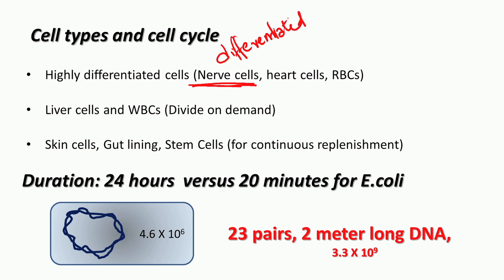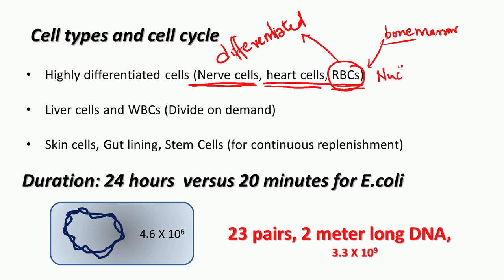Similarly, if you look at the cells which form the walls of our heart, the cardiomyocytes, they do not divide after they have differentiated. The red blood cells periodically come out of the bone marrow, they are formed from bone marrow cells, and as you must have studied in your school textbooks, this is one cell type which, once it has reached its differentiated state, loses its nucleus.